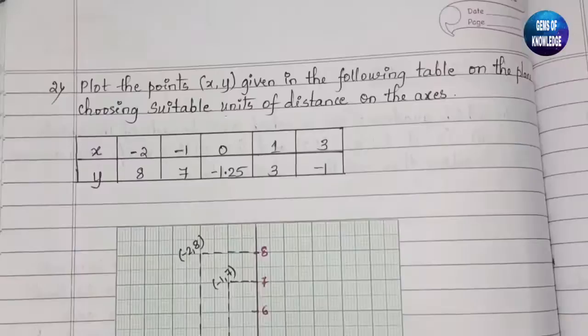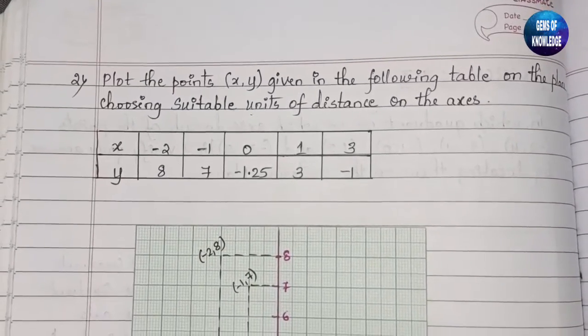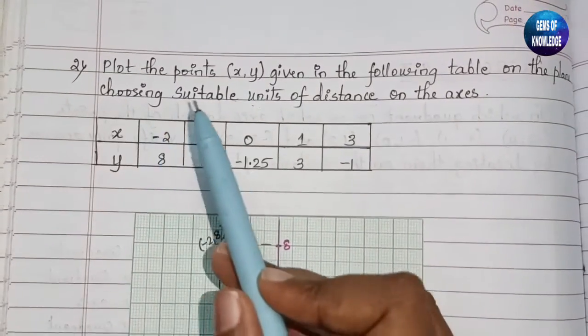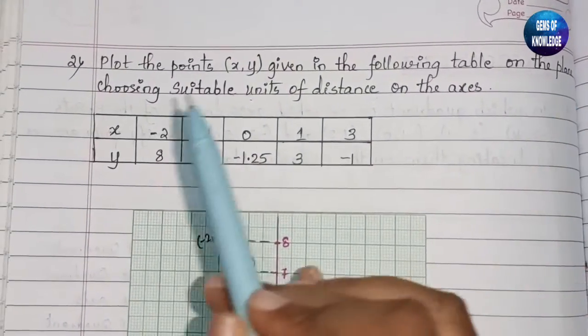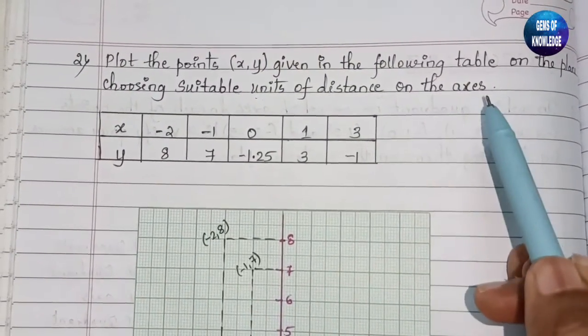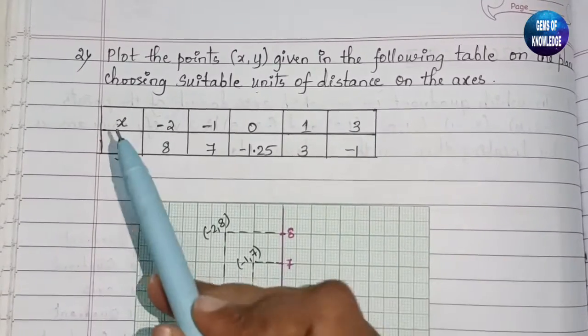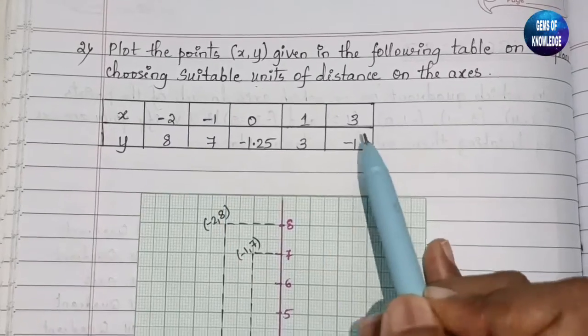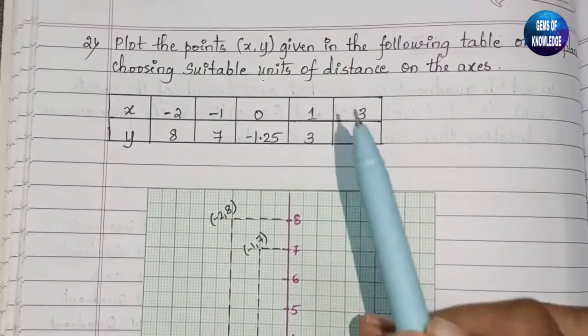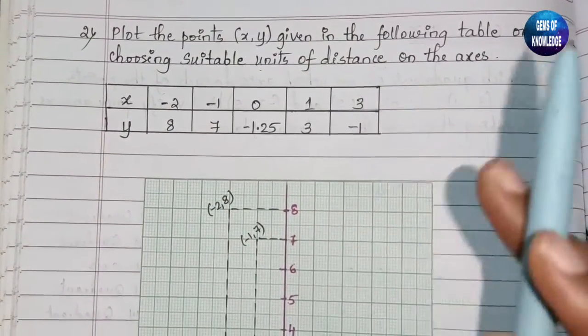So the last question of this exercise is: plot the points (x, y) given in the following table on the plane, choosing suitable units of distance on the axis. So this is the question which is given. They have given you the x-axis and y-axis and a few points. You need to plot these onto the graph sheet, taking proper suitable axes.